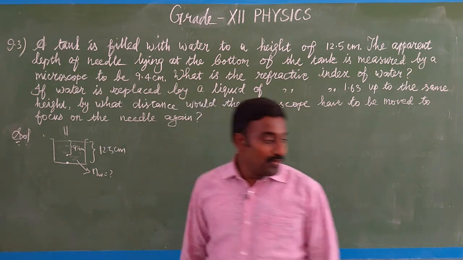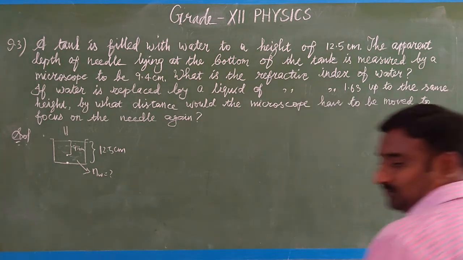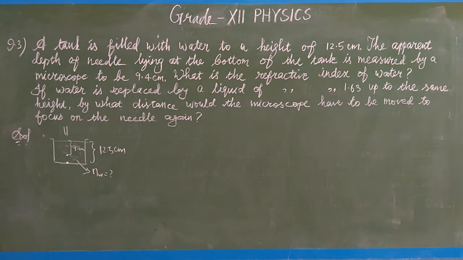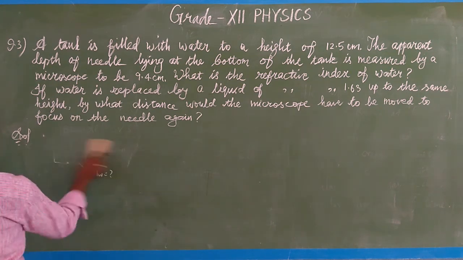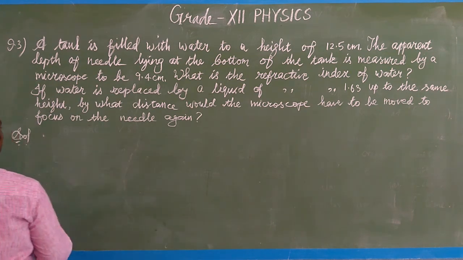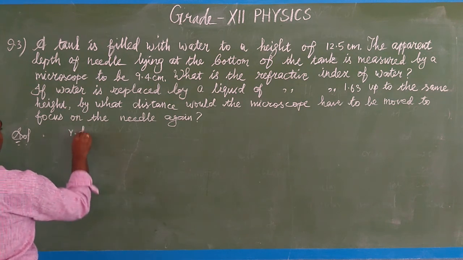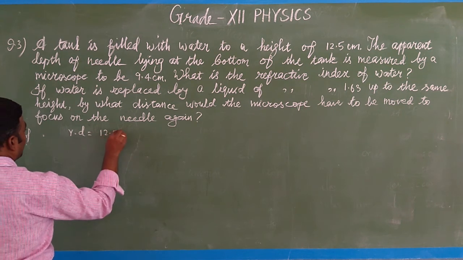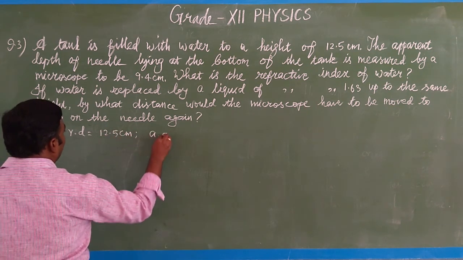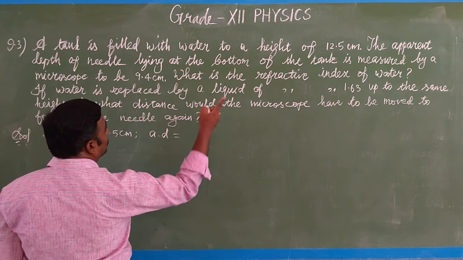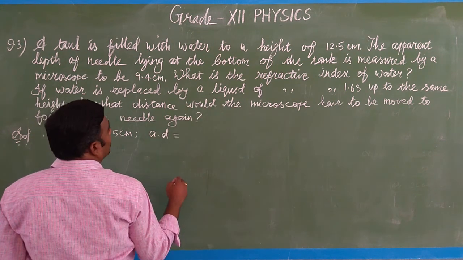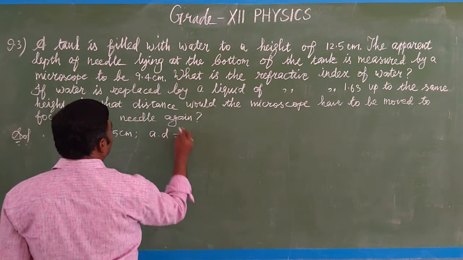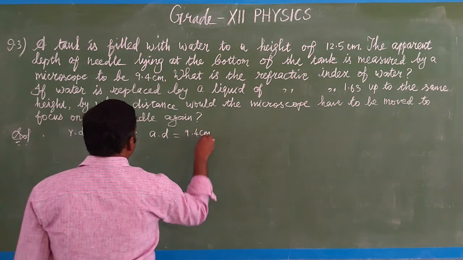Okay, so now we are going to solve it. Listen, how to solve it? In the question they gave the real depth of the needle, that is the original height of the water column, 12.5 centimeter, and the apparent depth of the needle observed by the microscope is also given, 9.4 centimeter.